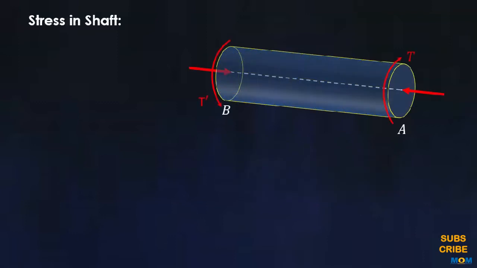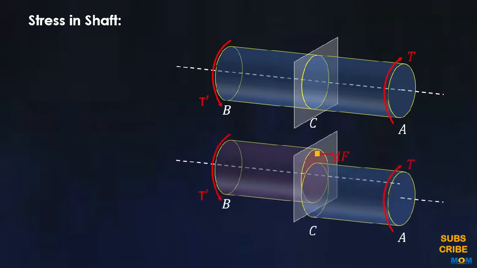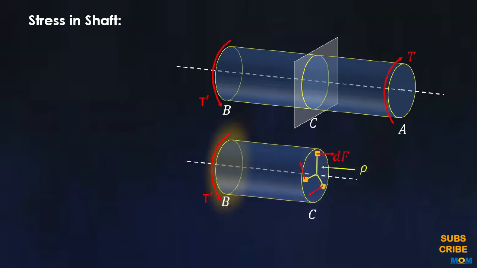Now consider a shaft AB subjected to equal and opposite torques T and T dash at points A and B. Now cut a section perpendicular to the axis at C. Now consider the portion BC, and we can see the shear force acting on the plane of portion BC at point C. Further, it includes the elementary force dF perpendicular to the radius of the shaft.